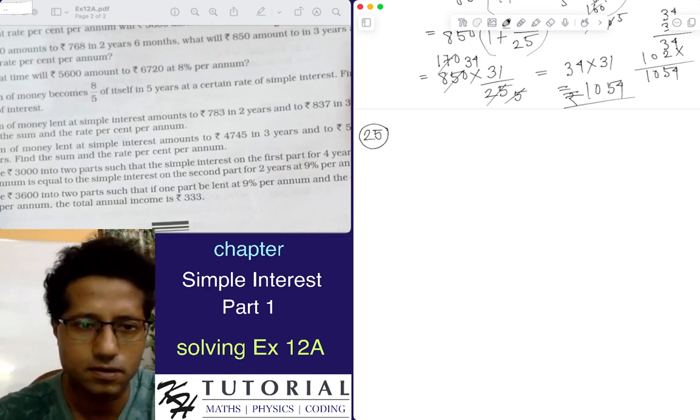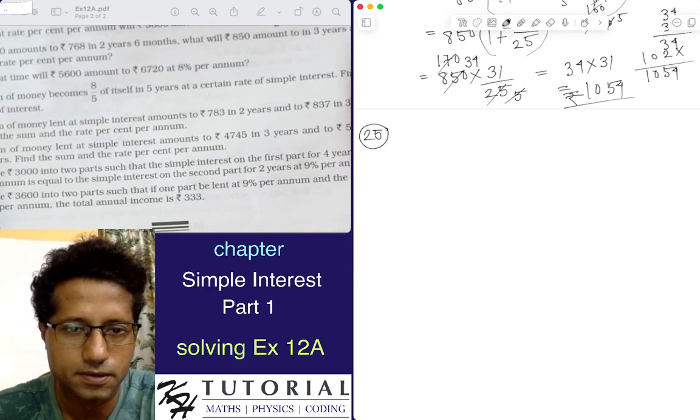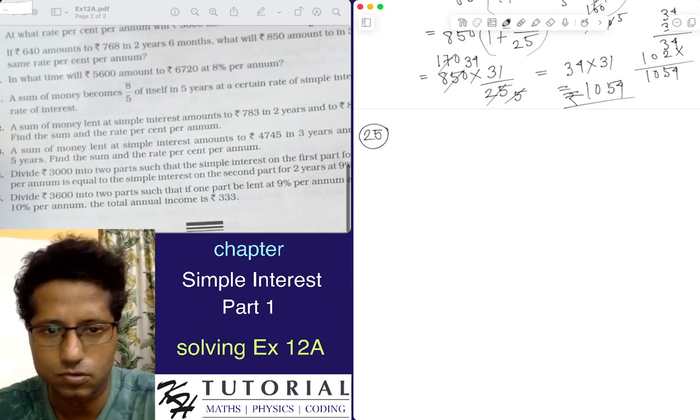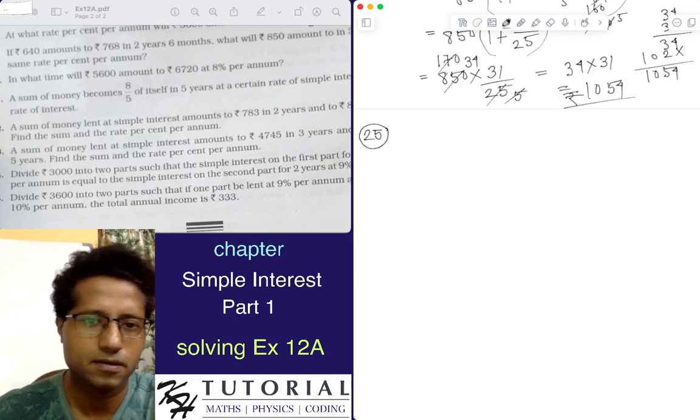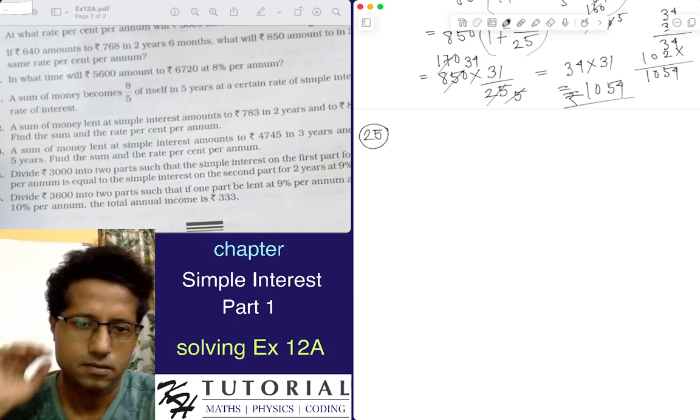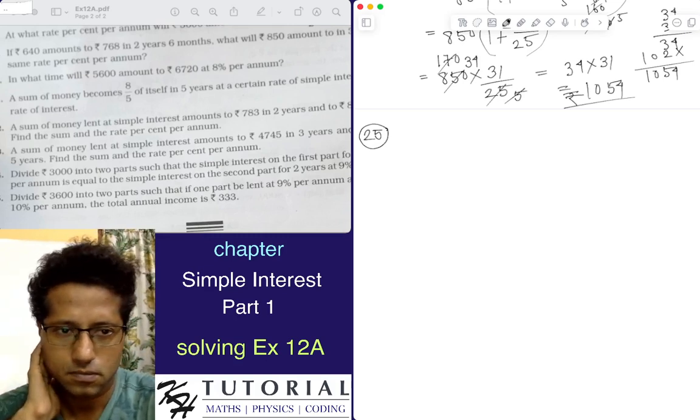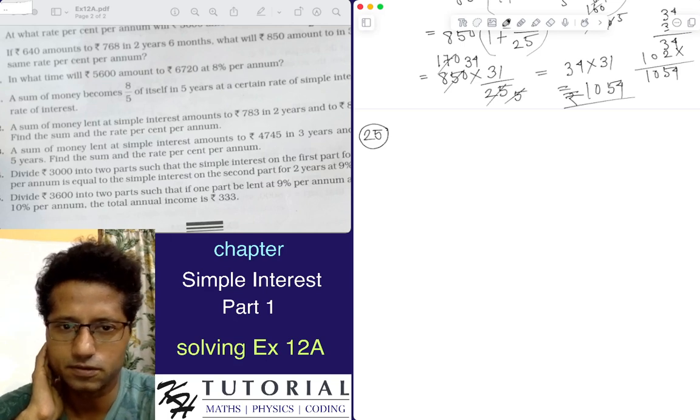The total annual income means the income from both the two parts. So each part will give after 1 year some income. The total annual income is rupees 333.